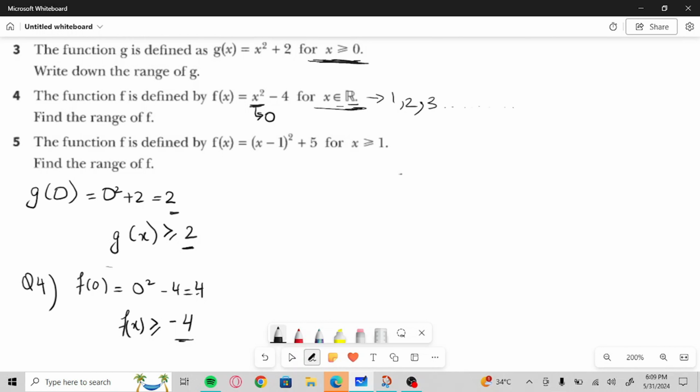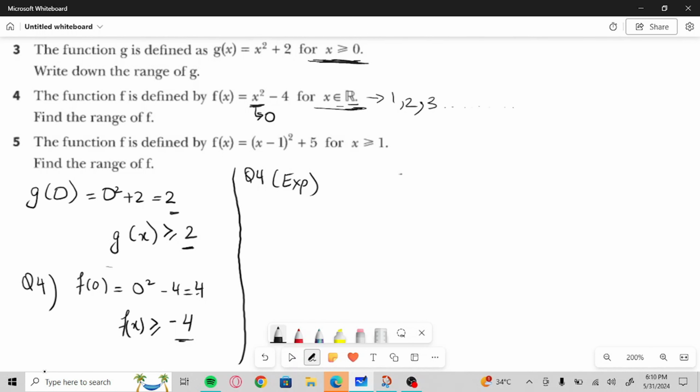So that's why the minimum value we could get was 0, and the image of 0 is negative 4. So any image that will come after 0 or any other number will be greater than negative 4 itself. For example, I will just give an example. Sorry. So for an example, I'm just continuing question number 4, and we're going to say that this is for the explanation.